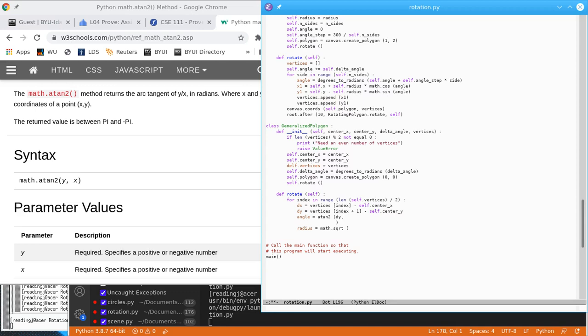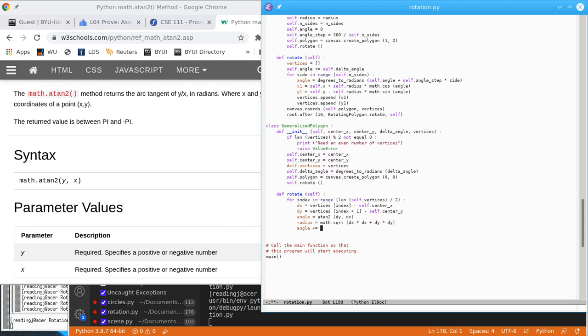Atan2 dy comma dx. Okay, math.square root dx times dx plus dy times dy. Okay, so that is the angle and the distance to the vertex.